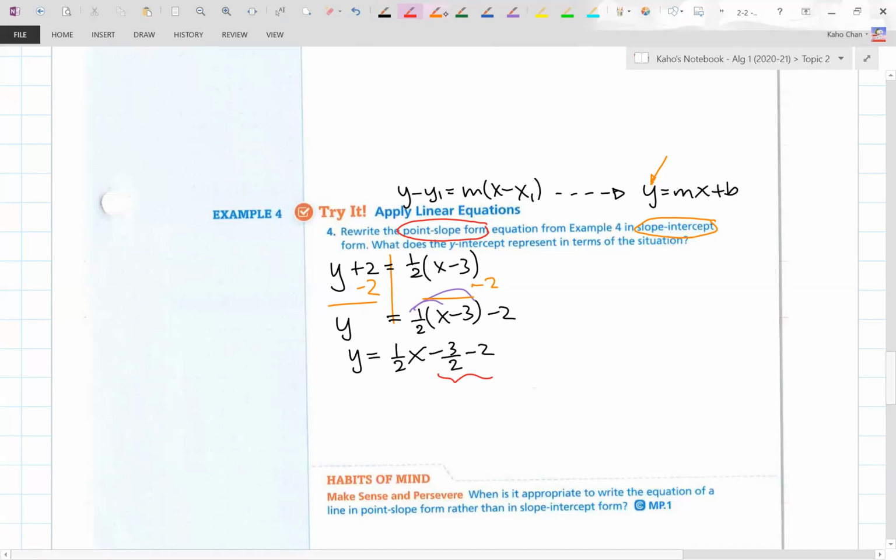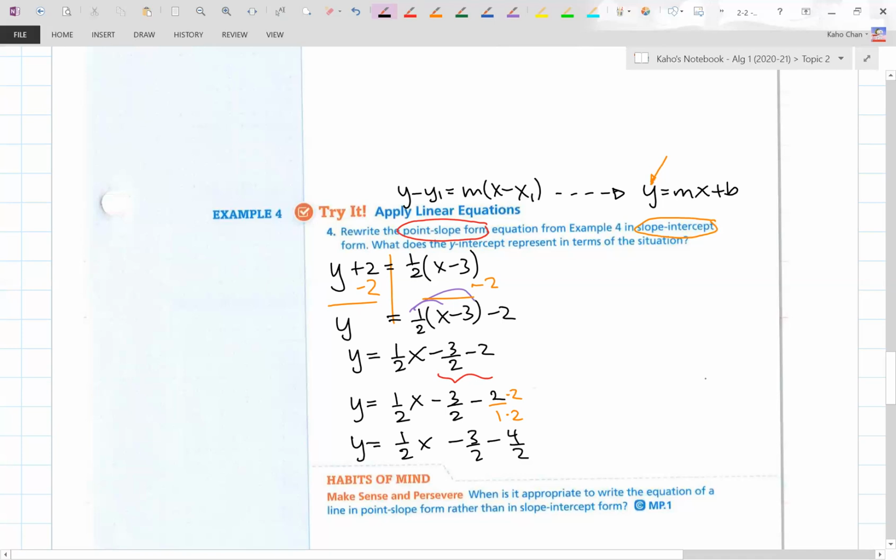I'm going to convert the minus 2, and I need a common denominator of 2, so I need to multiply top and bottom by 2. That will give me y equals 1/2 x minus 3/2 minus 4/2.